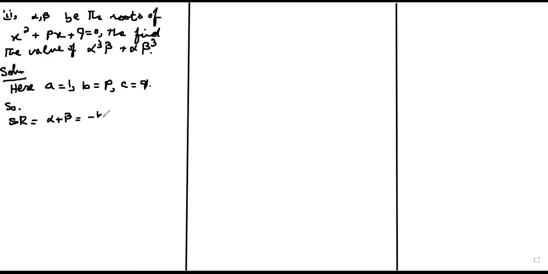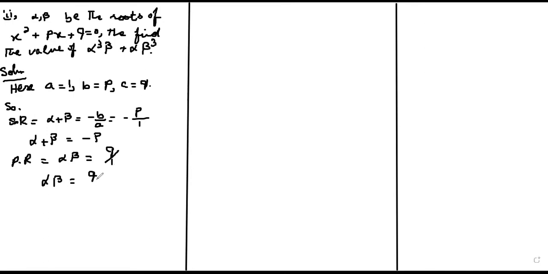Equals to minus b over a equals to minus p over 1. It means that alpha plus beta equals to minus p, right? And the product of the roots will be alpha times beta, which is equals to q over 1, means alpha beta equals to q.